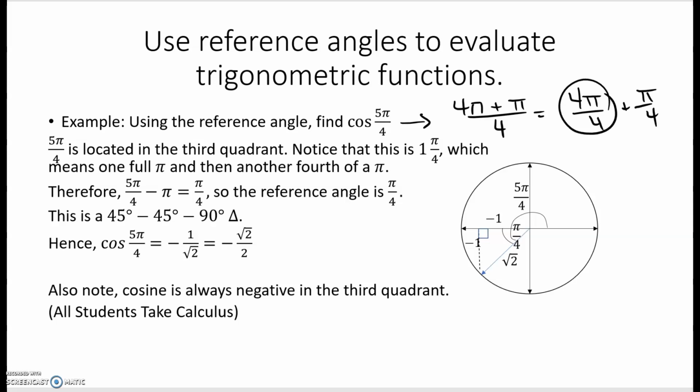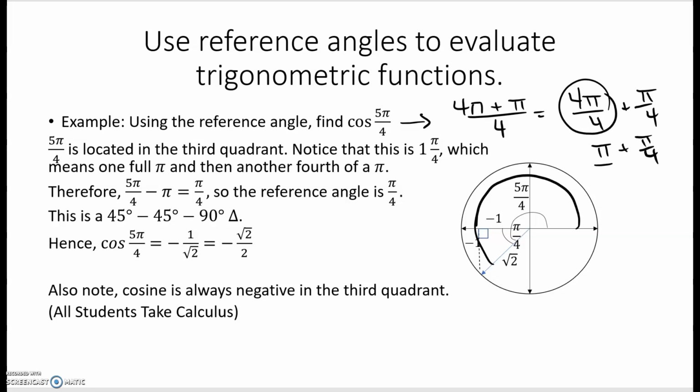This right here is just pi plus pi over 4. Remember, pi is 180, so we have gone all the way around 180, that's this right here, plus pi over 4 more. So that puts us in the third quadrant.